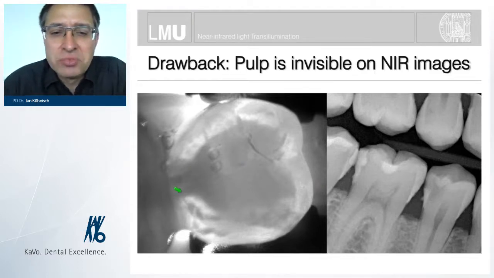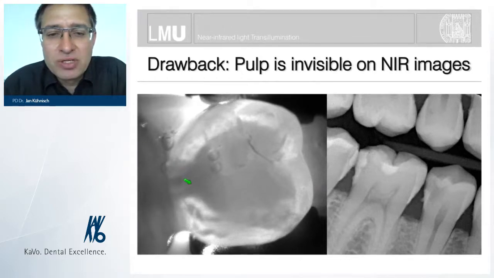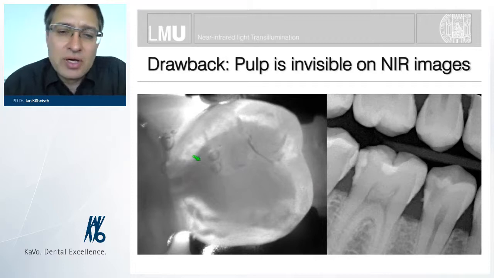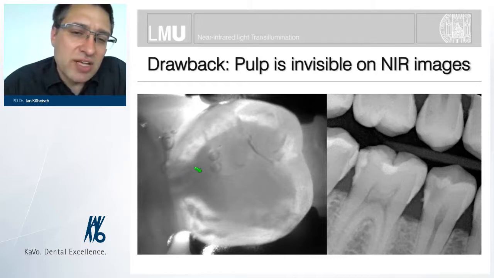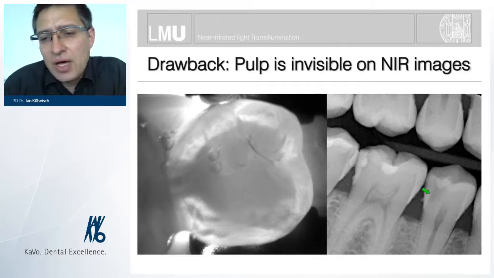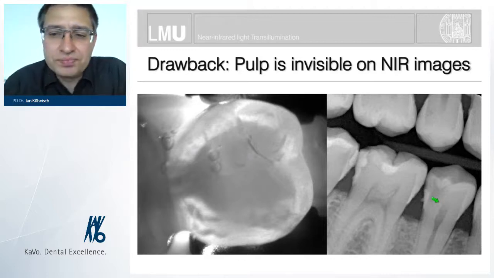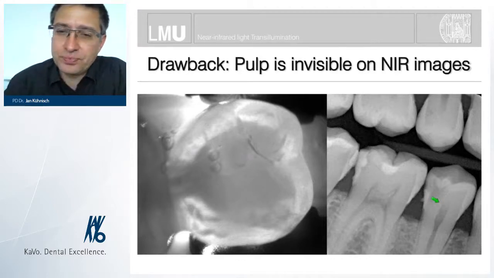Look here, this is an enamel caries which reached the enamel dentine junction and penetrated into dentine, and I will tell you later that such appearances are associated with a deep caries lesion. You can see the same lesion on the bitewing radiographs on the right side of the slide. But what we cannot see is a dental pulp, which we can clearly see here in this case on the bitewing radiograph.